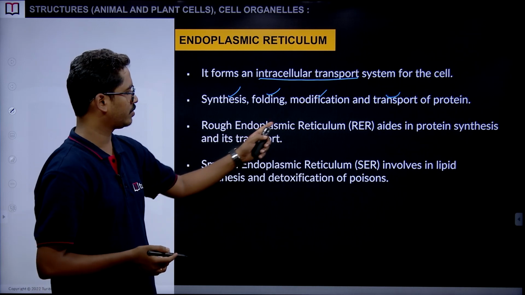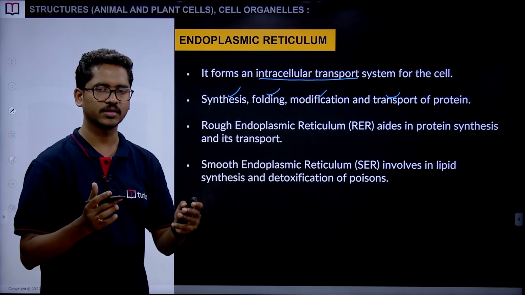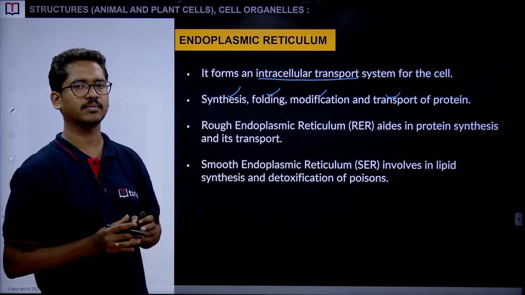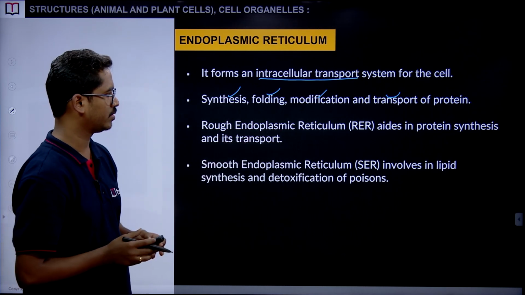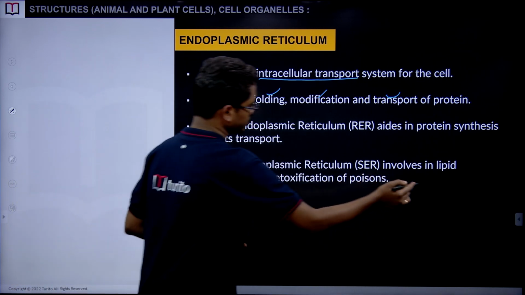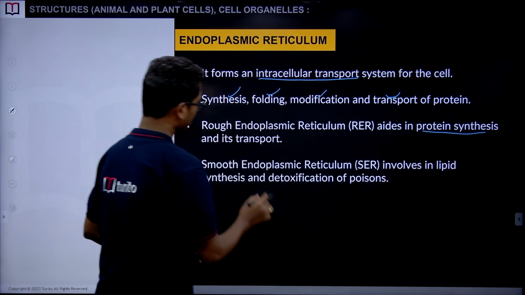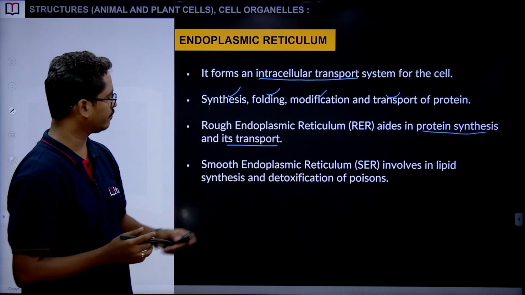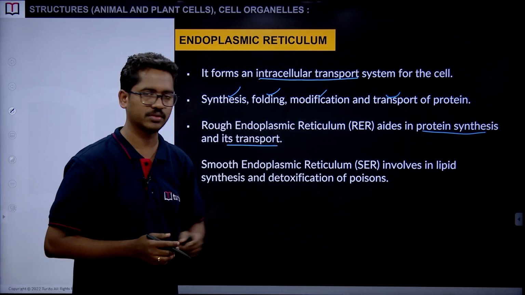So, rough endoplasmic reticulum, as you can see, has ribosomes attached on its surface. So, it is rough endoplasmic reticulum. That is the one which actually helps in protein synthesis and transportation. So, most of the part is quite rough and you see it doing all these functions.